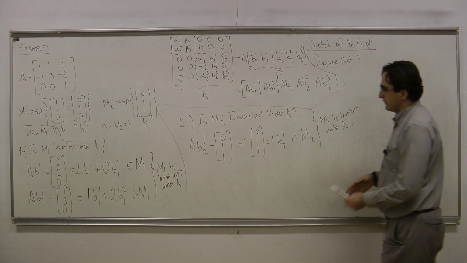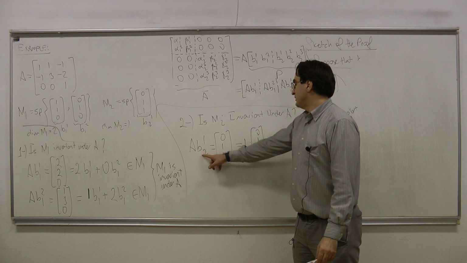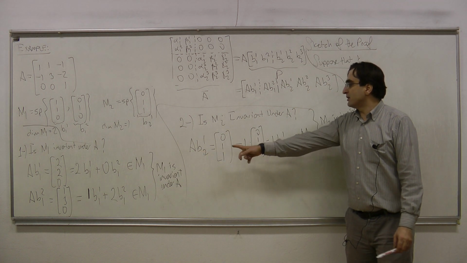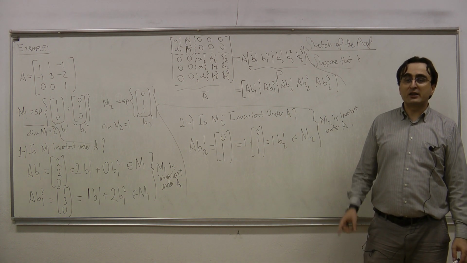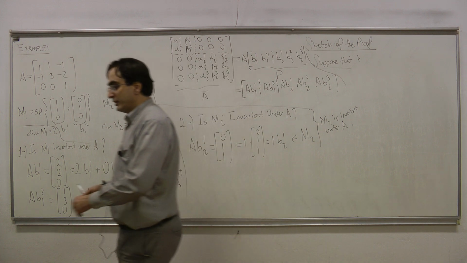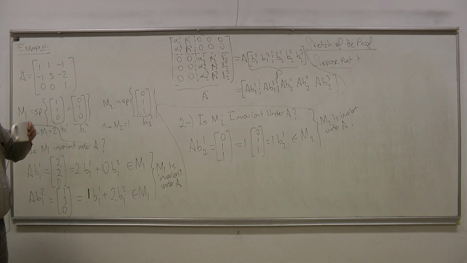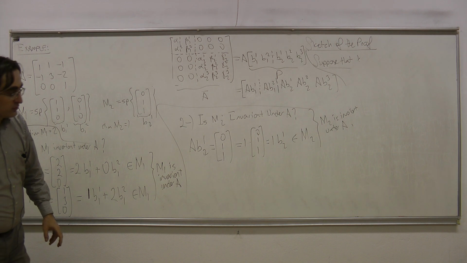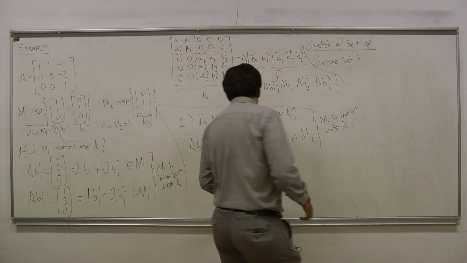The answer is again yes. A times B21 is 1 times B21. That means that B21 is an eigenvector corresponding to the eigenvalue 1. Okay? That actually says this. So both of these subspaces are invariant under A.